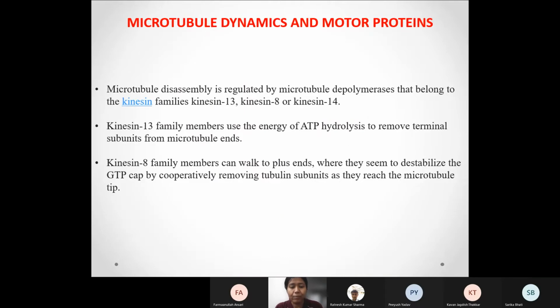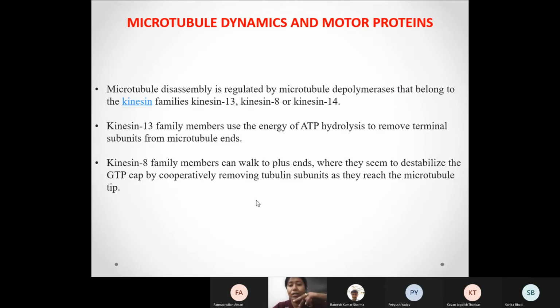You have another family of kinesins which seem to destabilize the entire lattice structure because of their walk itself. So what happens when they are walking on a microtubule?